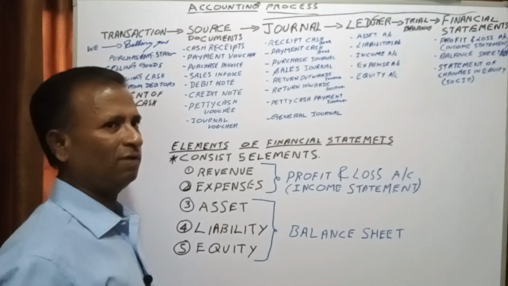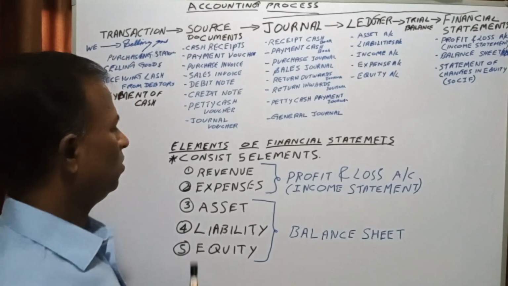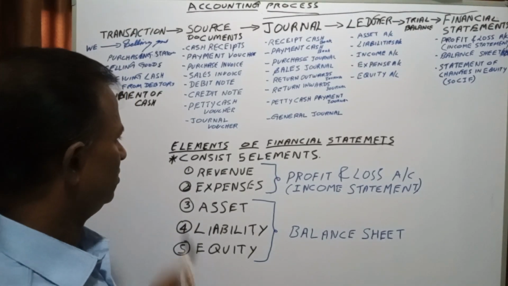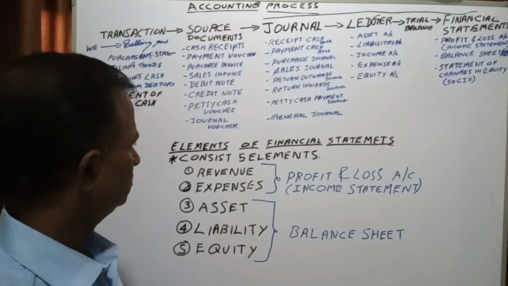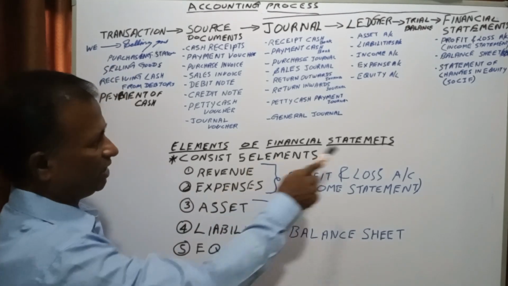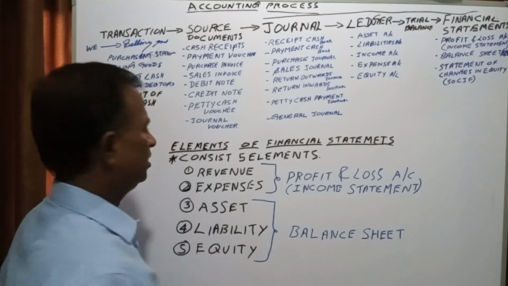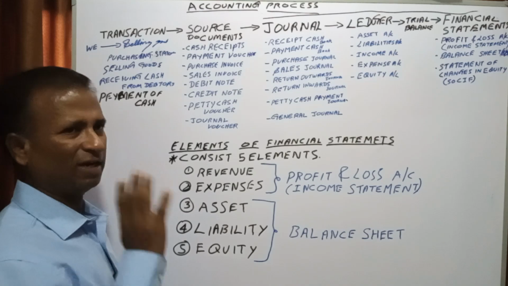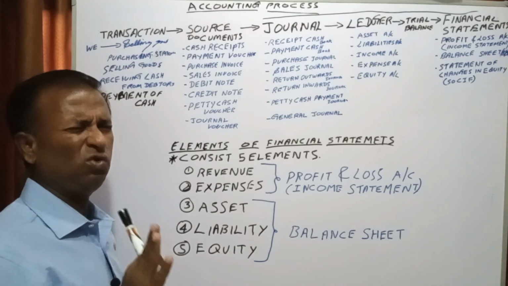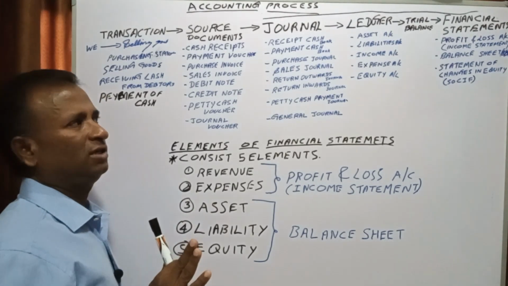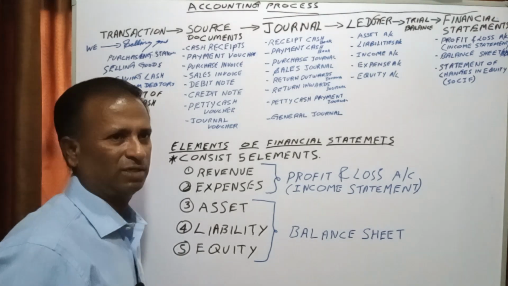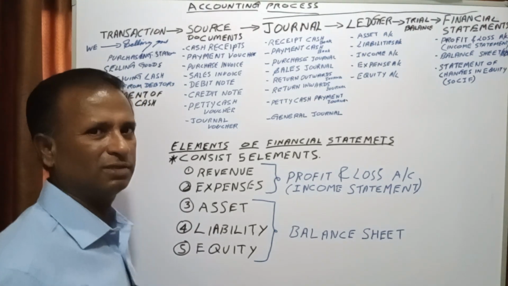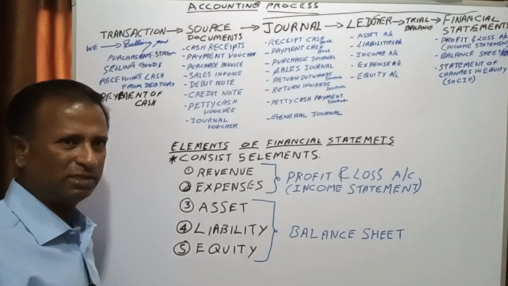Now, to have a rough idea about all these matters: there are only five elements in the financial statements.